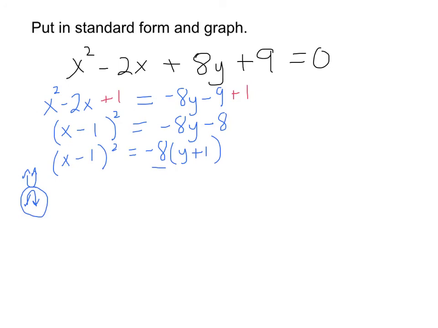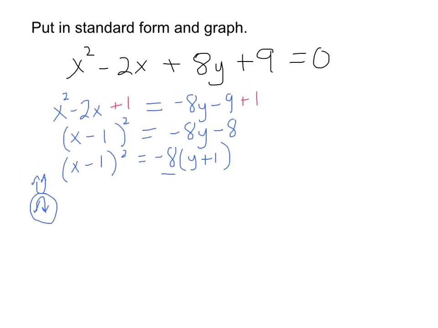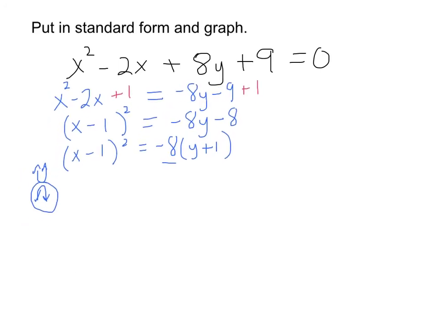Now that we know the direction of the parabola, I find the vertex. The vertex is at 1, -1. And then 4p is equal to -8, so p is equal to -2. The negative is telling me that it goes down. So that's just another confirmation about what I need to do to graph it.